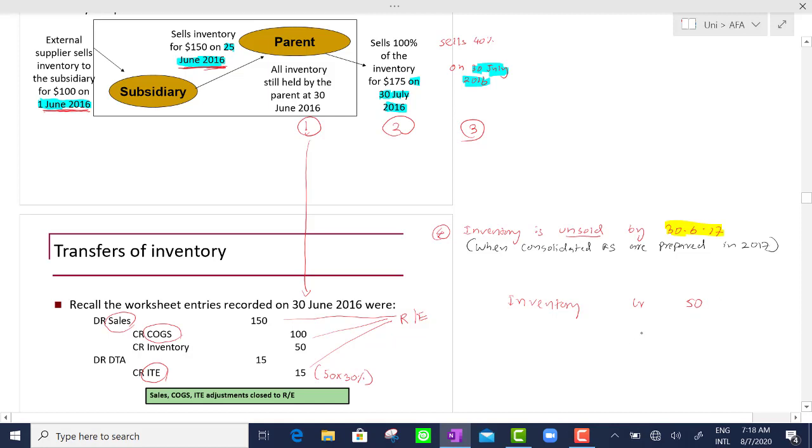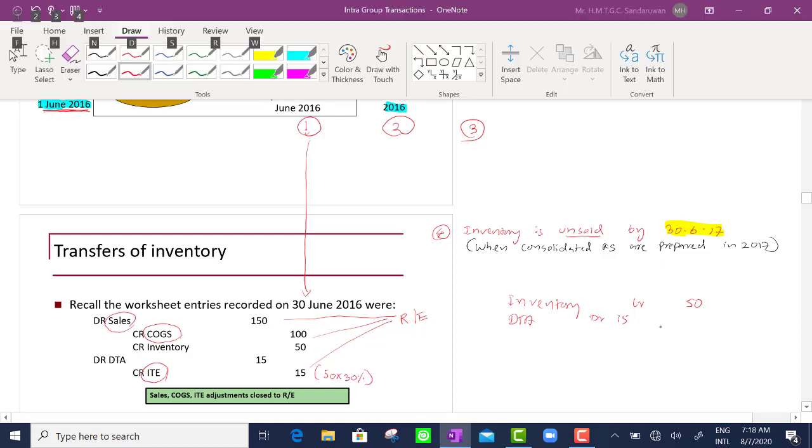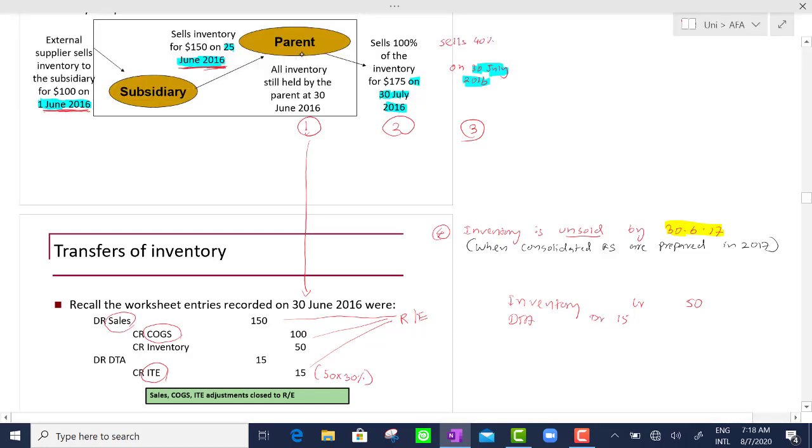If the carrying amount of an asset decreases, it creates a deferred tax asset. Deferred tax asset, debit 50. Then look, this entry I am coloring came through as it was, and the deferred tax asset account also came through as it was.